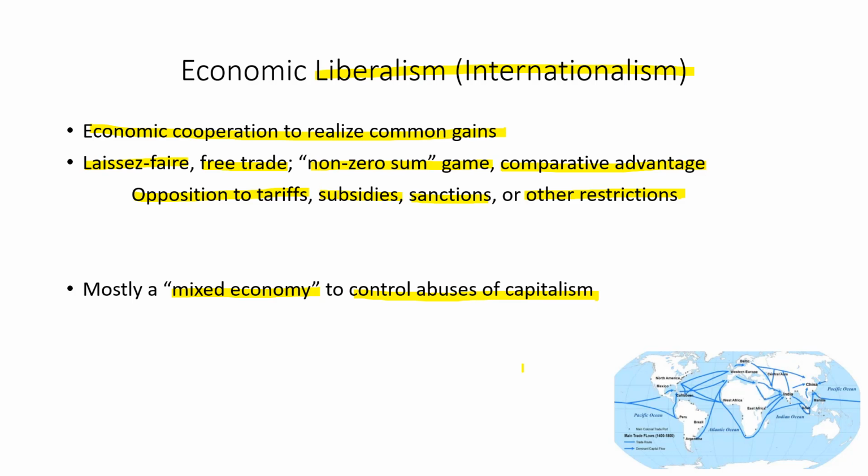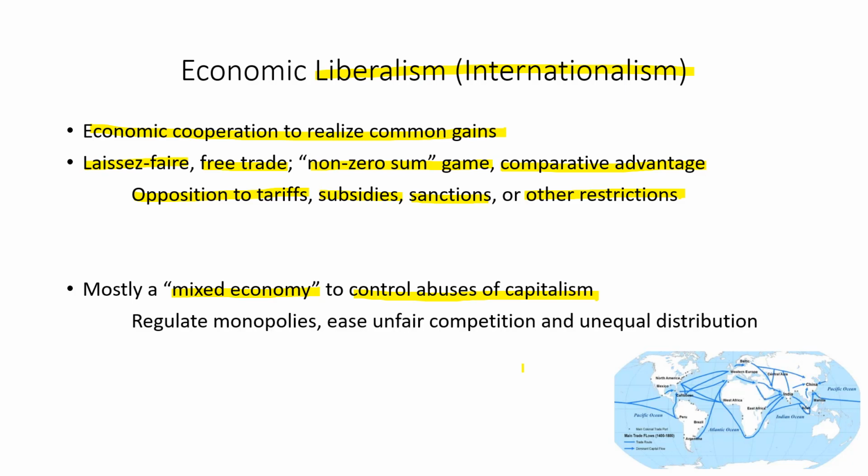And we've talked in the previous chapter generally what the major concerns are of capitalism, and that is to watch out for monopolistic behavior. We've got to make sure the system is free and fair, so we're trying to ease unfair competition, unequal distribution, things like that.